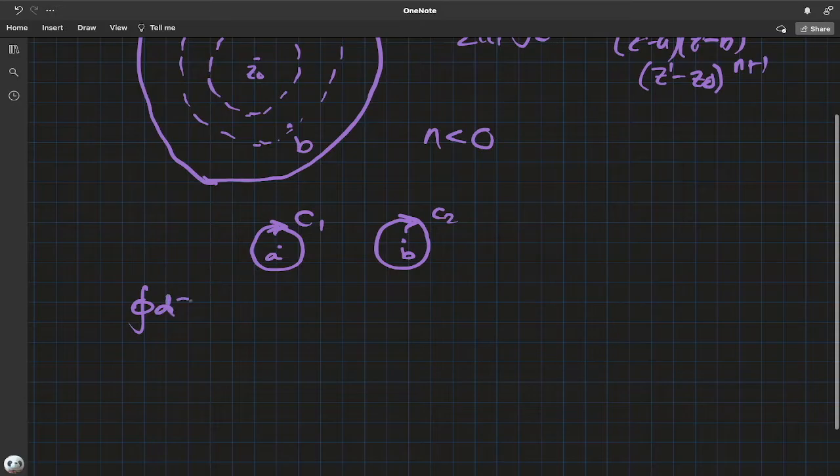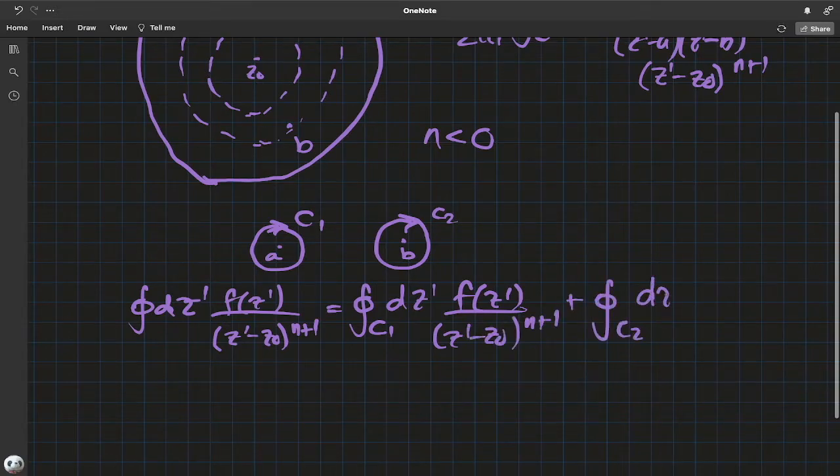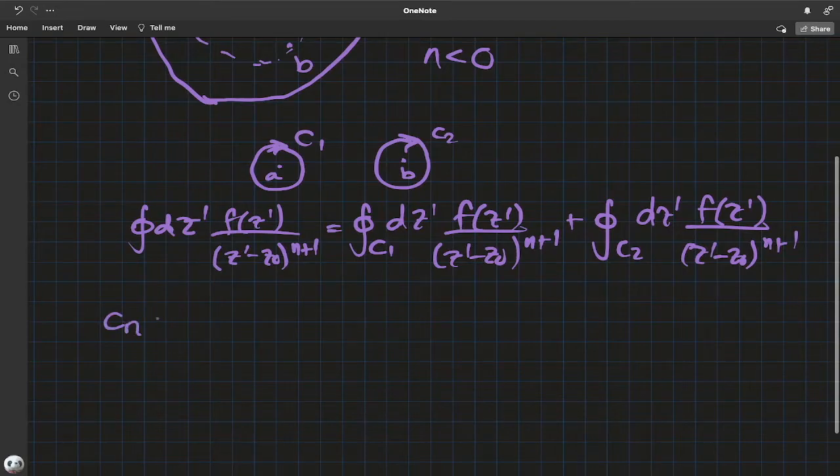Cauchy-Goursat enables us to write f of z' over (z' minus z naught) to the n plus first as a sum of these: C1, same integrand, plus C2, same integrand again. If you just multiply by 1 over 2 pi i, we get the expression for the coefficient.